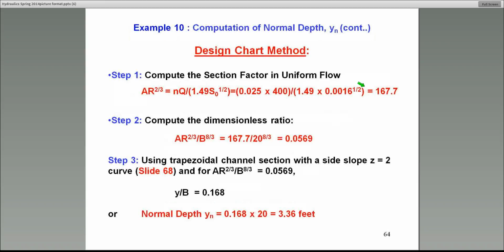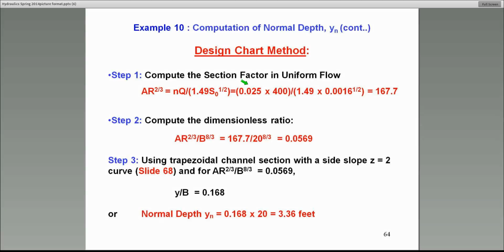So the first step is to calculate the section factor AR to the power 2/3 from Manning's formula. I've rearranged Manning's formula to bring all the knowns to one side: Manning's n times Q divided by 1.49 times S naught to the power of half. All that information is either given or you can get it from other sources.